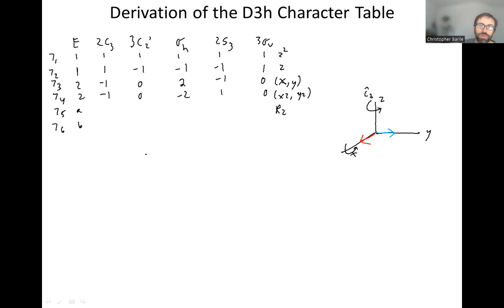One of our character table rules is that the sum of the squares of the dimensionalities, the characters under the identity class, 1 squared plus 1 squared plus 2 squared plus 2 squared plus our unknowns, a squared plus b squared, has to equal the order of the point group, which is the total number of symmetry operations in the point group, which we know is actually equal to 12. That is 1 plus 2 plus 3 plus 1 plus 2 plus 3.